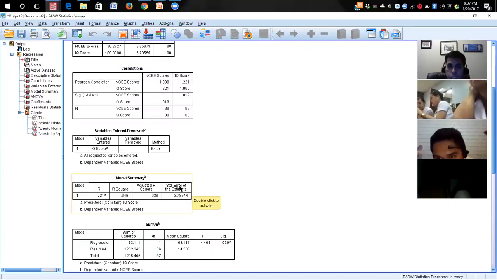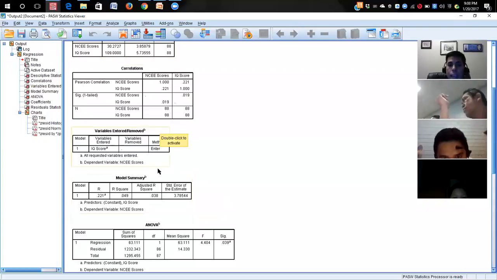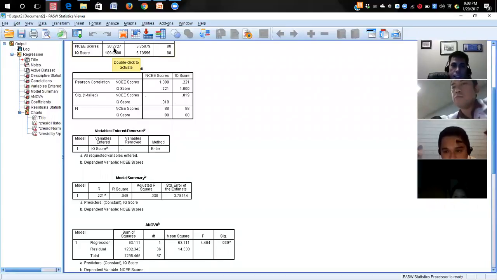And as I've mentioned, this standard error of the estimate is only correct based on the model assumption that the mean score of our NCE is 30.27. The standard error of the estimate will not be the same if our NCE mean score is not 30.27. So this is very parametric, and this is highly dependent on the modeling of the regression.